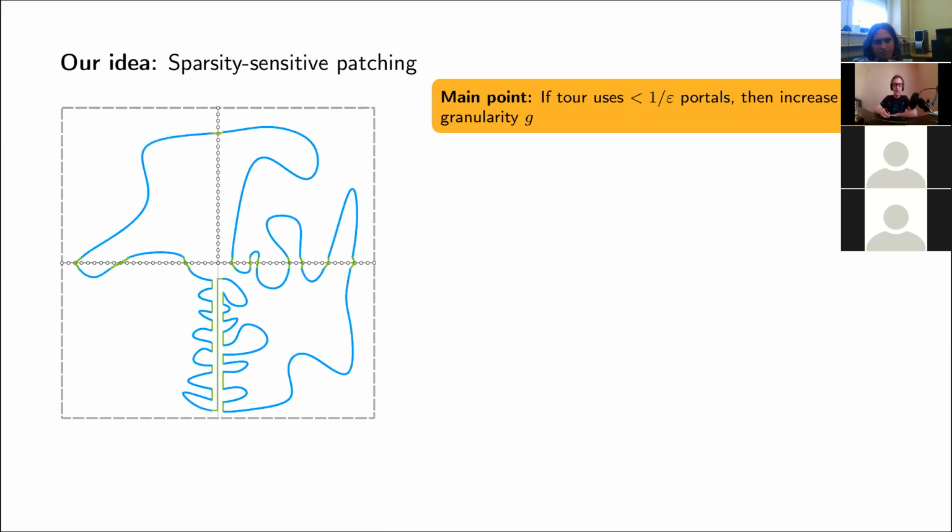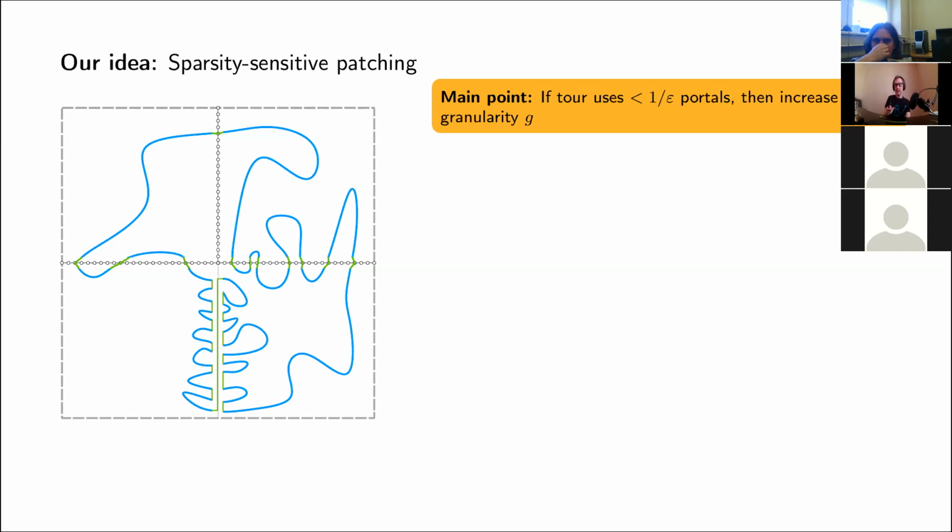When your tour is crossing it only once, or 3 times, or more than a constant number of times, she puts log n/epsilon portals. But when the tour is crossing it more than 1/epsilon times, then she buys the whole line.